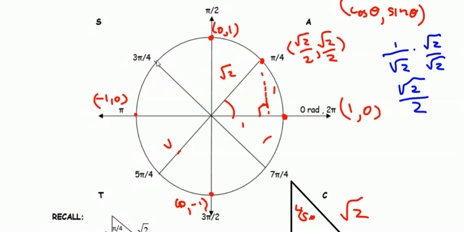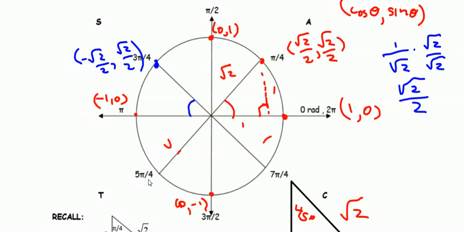Over here, we've got the same thing. This is the same reference angle here, right? So these are going to be the same ratios. It's just that we're going to have some negatives here. What's negative over here? Well, sine is positive, so everything else is negative. So this is going to be negative root 2 over 2 and root 2 over 2 because sine is positive.